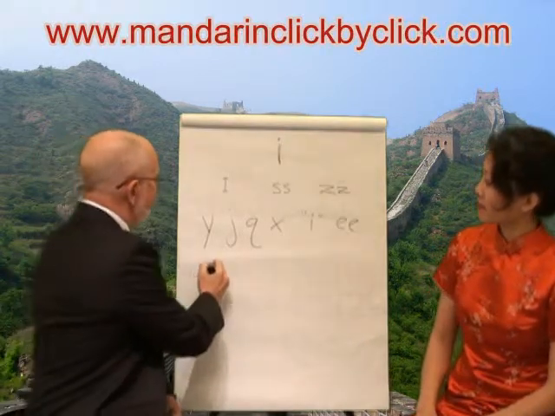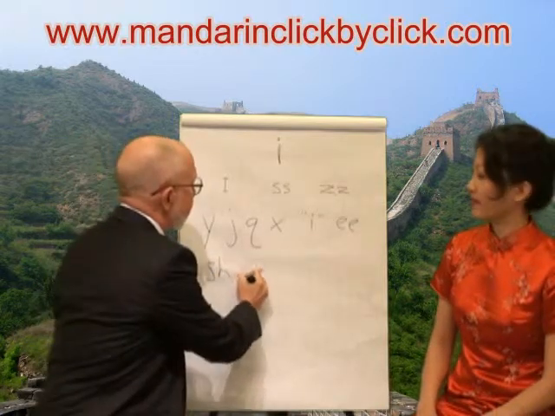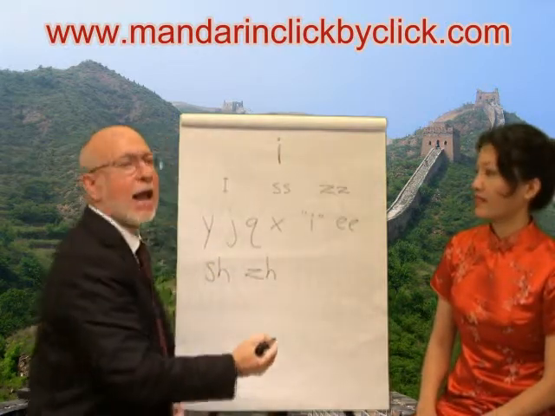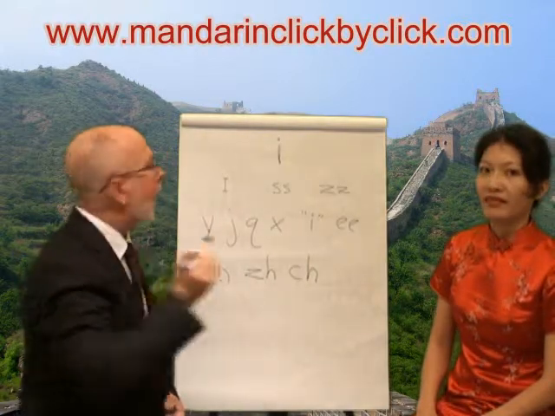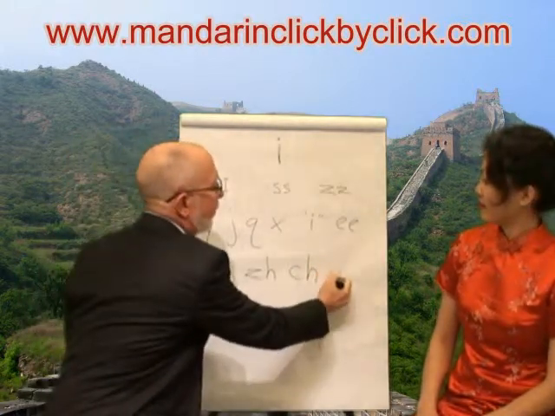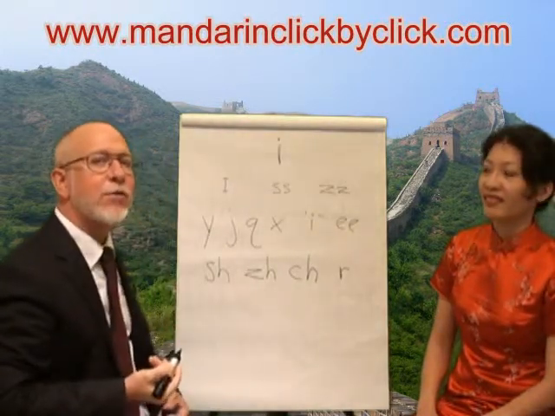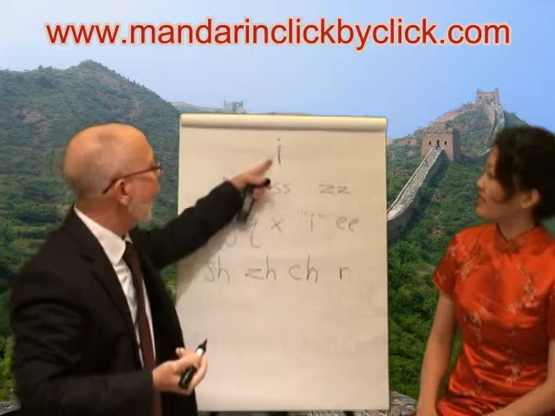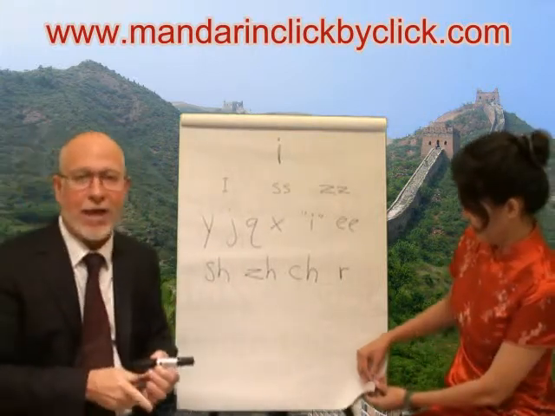And then after SH, after ZH, and after CH, the I is pronounced er. So all you need to do is remember that about the letter I in Chinese. That's enough for that review.